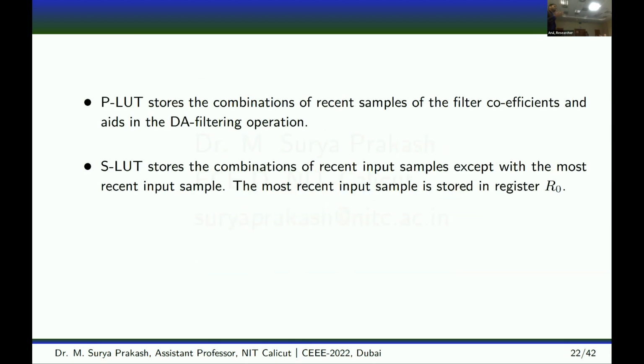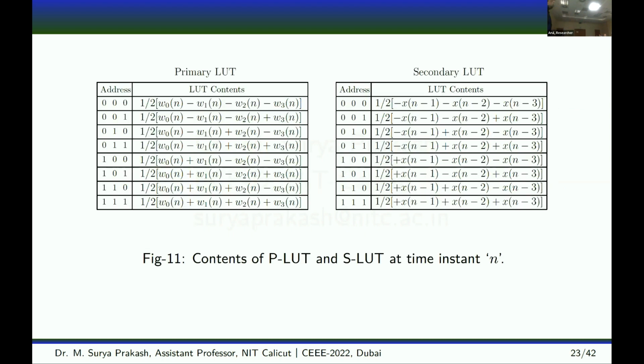The primary lookup table stores the combinations of all the weights, and the secondary lookup table stores the combinations of the recent input samples, except the most recent input sample, which is stored in register R0. Here are the contents of the primary and secondary lookup tables at time instant n.